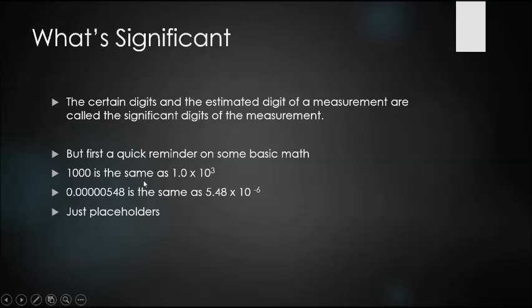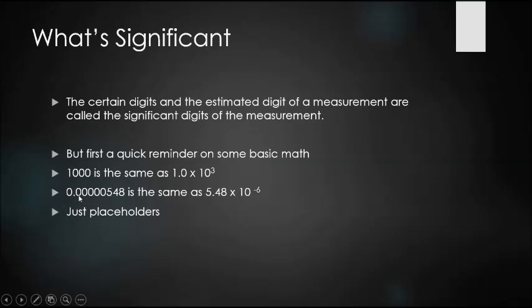But really quickly, let's take a look at some basic scientific notation. So remember, we could write 1000 as 1000, or we can write it as 1.0 times 10 to the third. Both are the same. As far as significant digits, though, this is going to make a lot of difference.